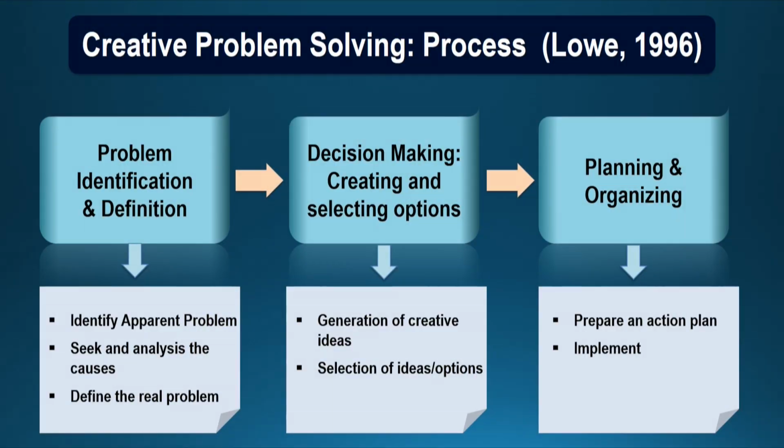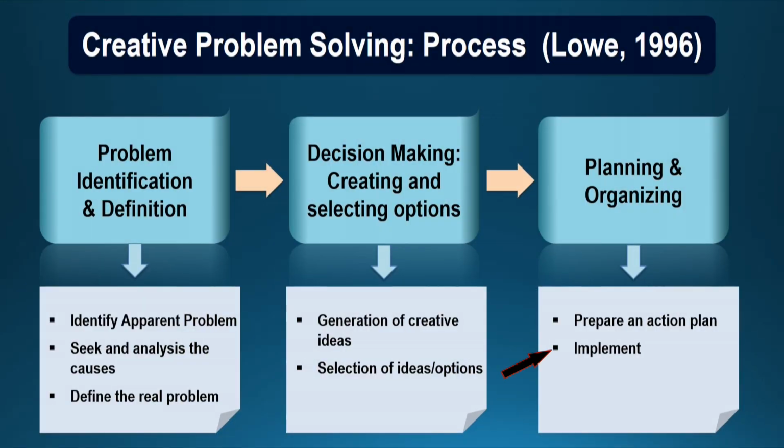The third stage involves planning and organizing, and here a number of questions are to be answered by the team. That is, preparing an action plan. What needs to be done? What activities need to be undertaken? Who are the people who need to be involved? What resources would be required to implement the idea? What time schedules will be used?